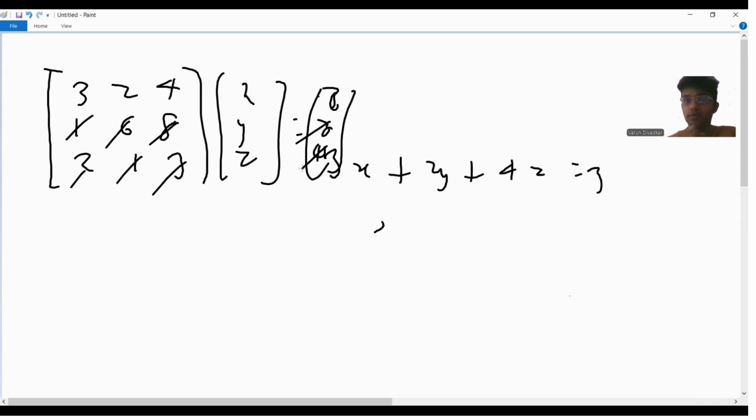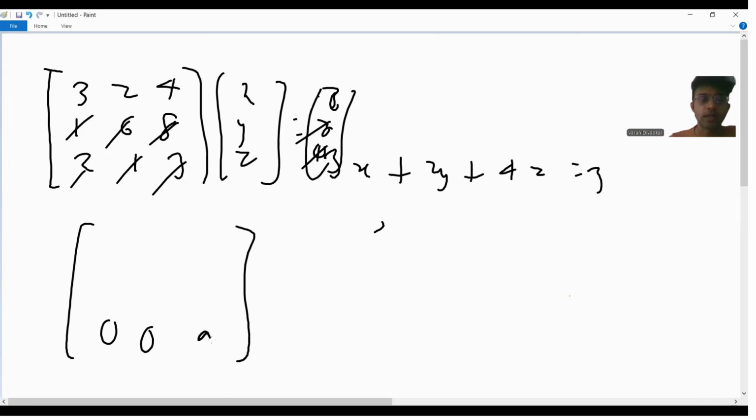So instead of having all of this, don't you think life would be easy if you had a matrix in a form with just one digit in the last row, like 0, 0, A, or 0, B, C, and then D, E, and F?